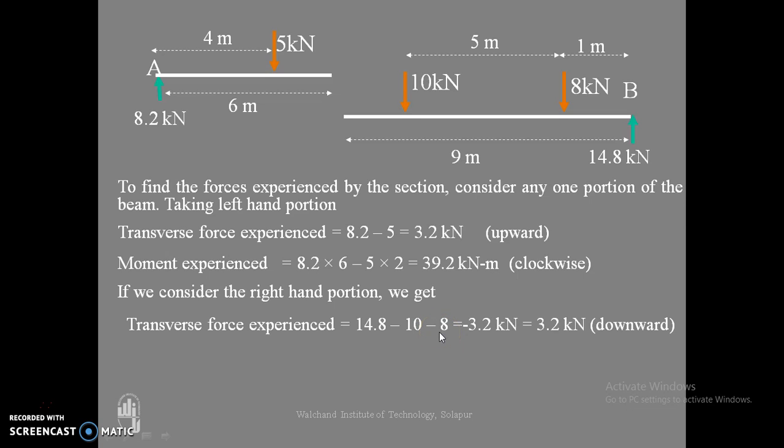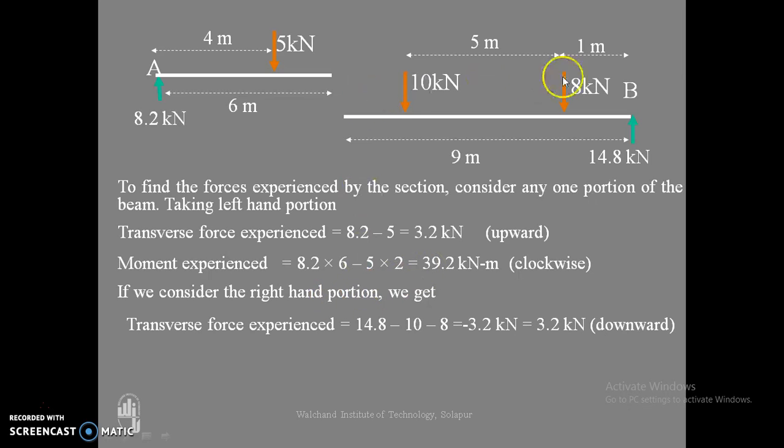Of course, at that particular section we have the moment also present. So the moment experienced by that section, considering the left hand side, is 8.2 into 6 minus 5 into 2. So the moment due to these two unbalanced forces is equal to 39.2.